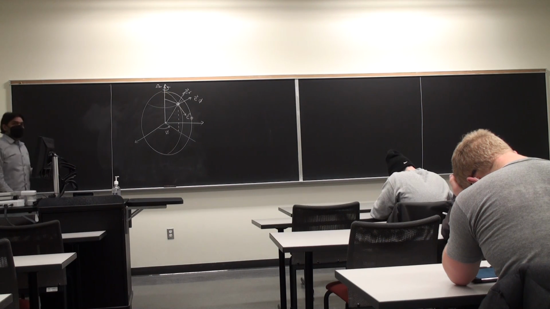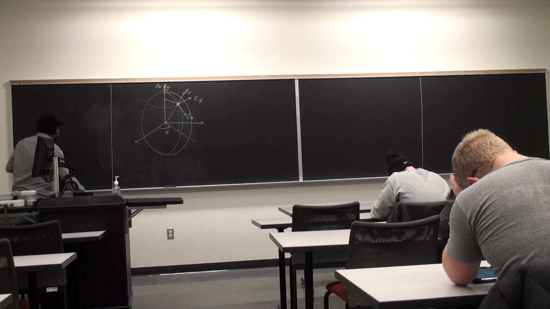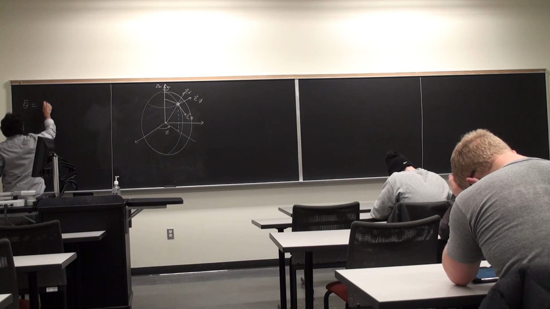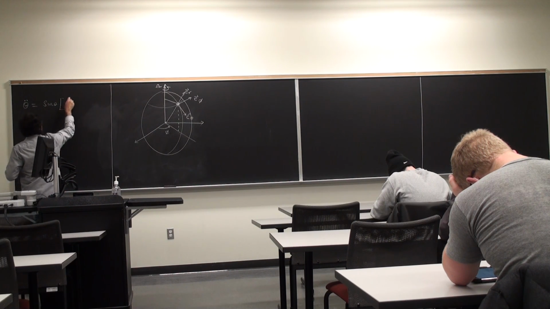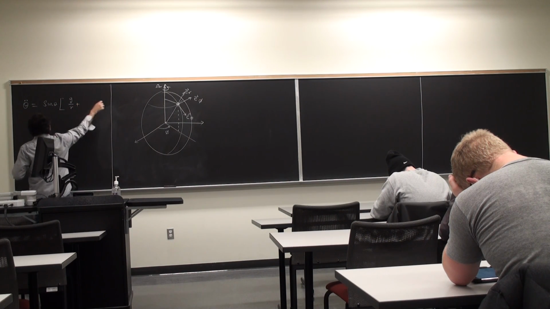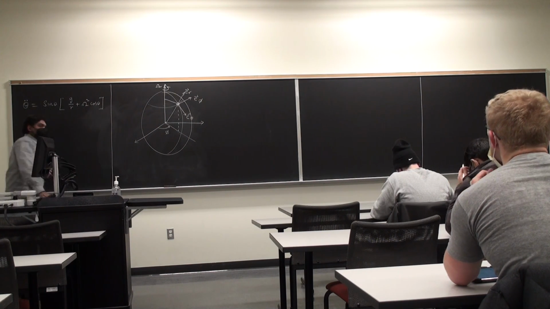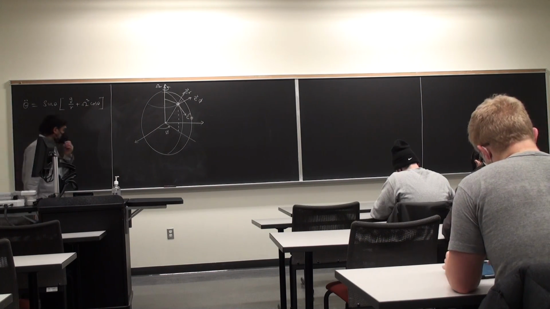And I had pointed out, when we derived the equation of motion, theta double dot is sine theta times g by R plus omega square cosine theta. Okay, so this was the equation of motion.